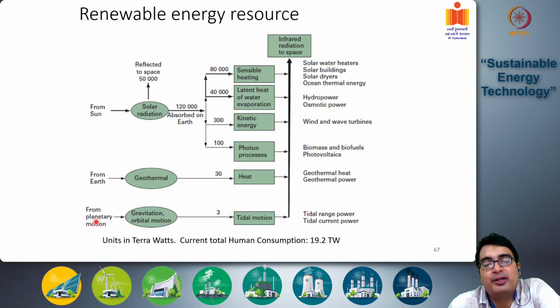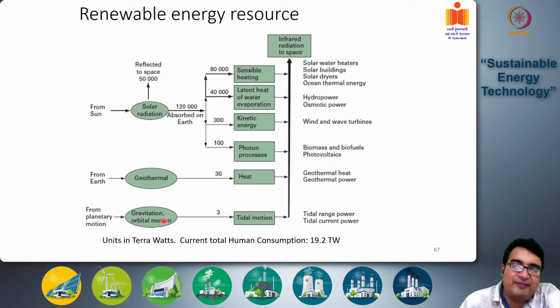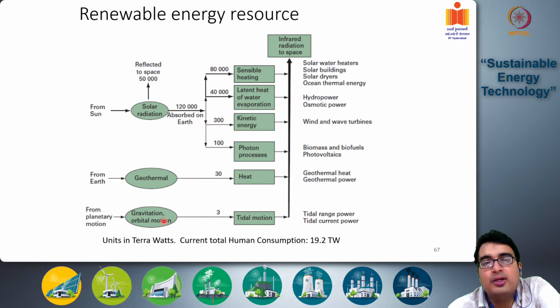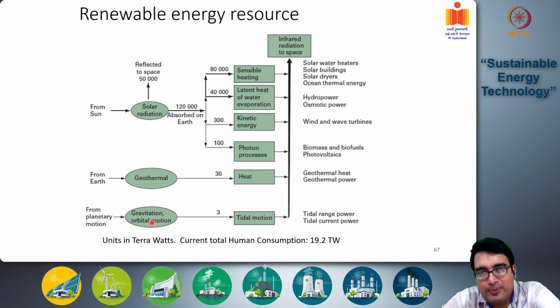And then planetary motion: this is the motion of the tides. The gravitational energy between the sun, the earth and the moon is generating tides, and this tidal motion also has some energy in it. So there are three fundamental sources of energy that exist on Earth today. The primary one is from the sun, at least on the surface, then geothermal and then planetary motion.